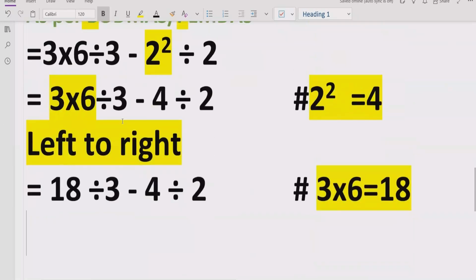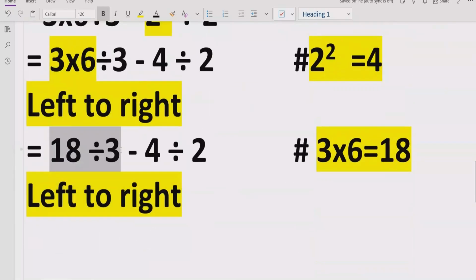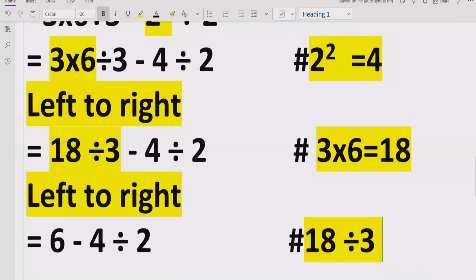Now we have to move forward again, left to right, and we have the division first in our expression. So we will solve this part now. 18 divided by 3 equals 6, and we will write the other things as they are. Here we will give the reference: 18 divided by 3 equals 6.